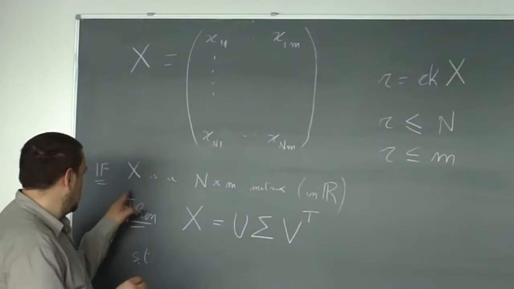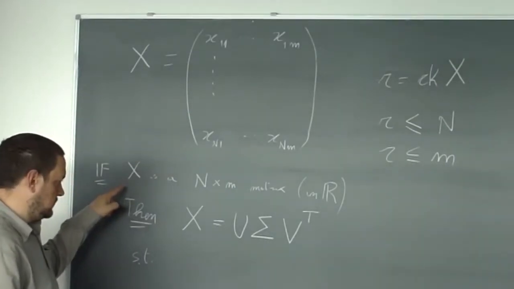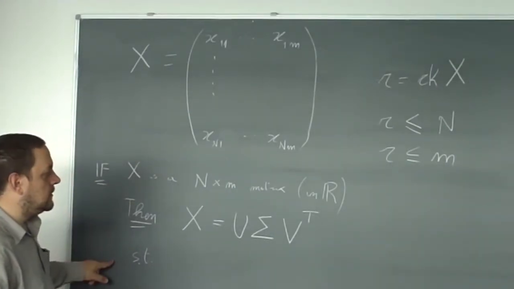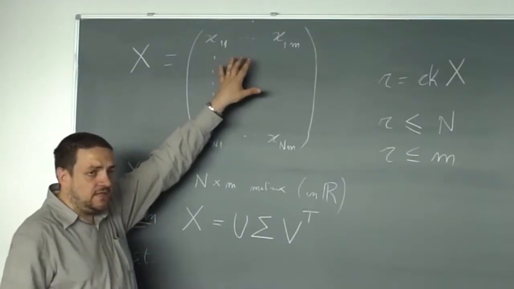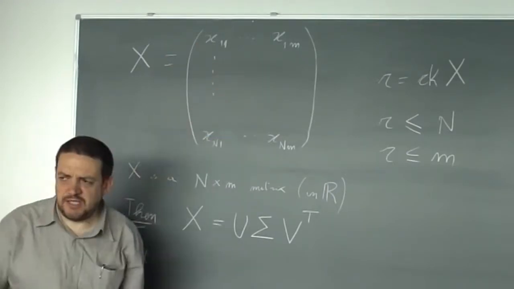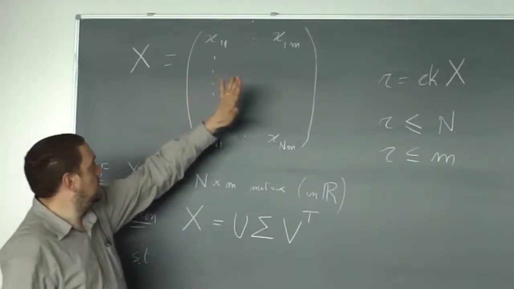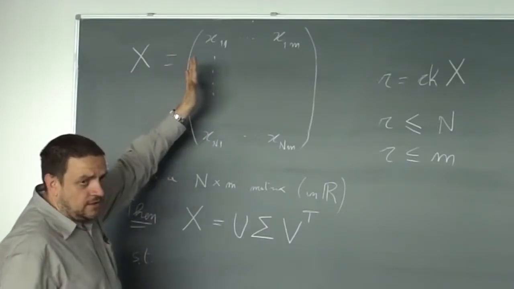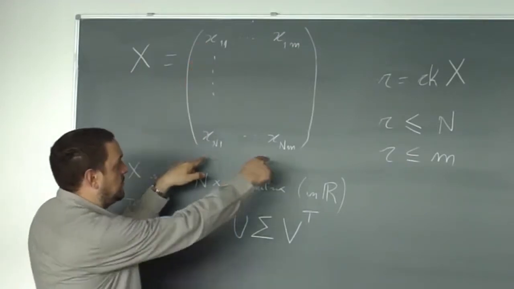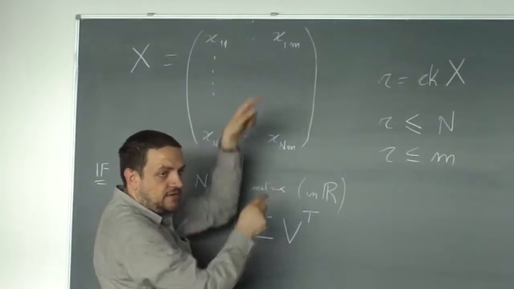Anyway, we can assume that in the general case the rank of the matrix is the smallest between the number of rows and the number of columns.